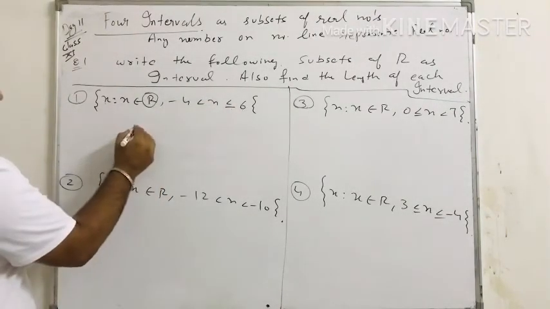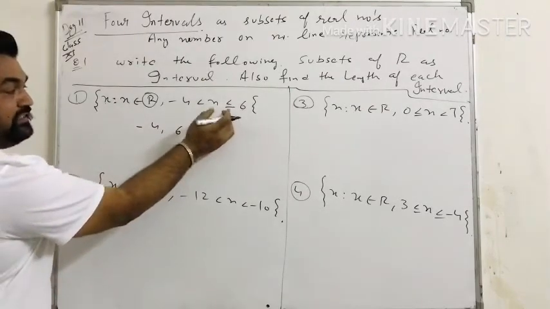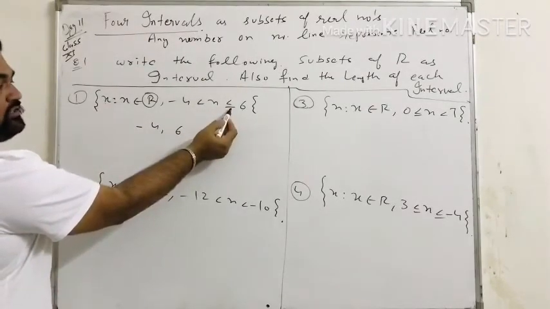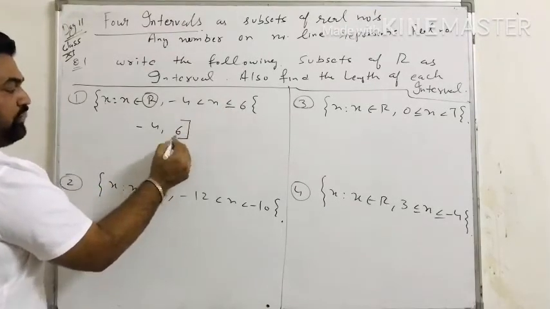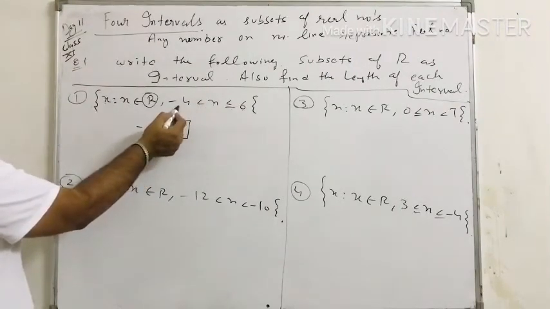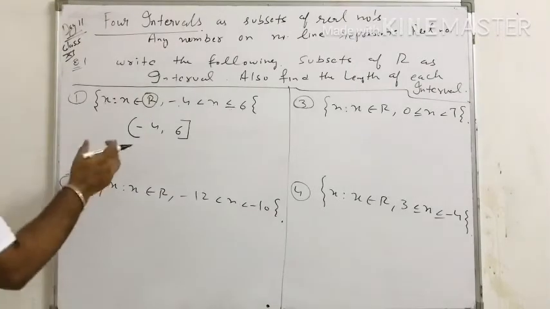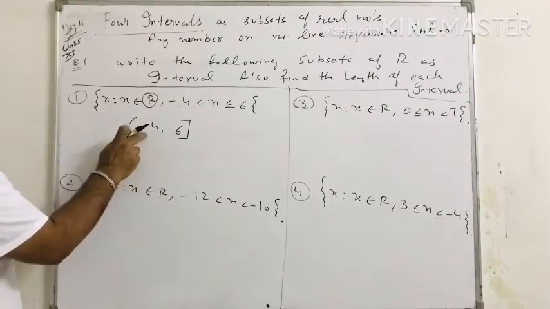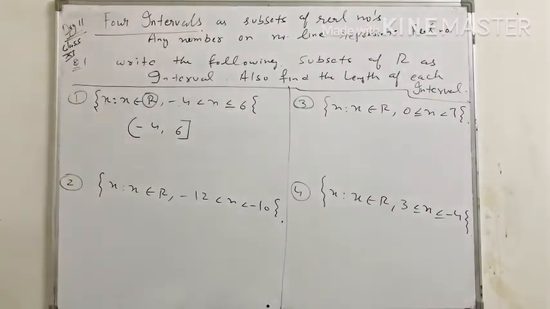So the interval is minus 4 to 6. But in this case we include 6 because the sign is less than or equal to, so we use a closed bracket. But x is greater than minus 4, so we use an open bracket. So this means we include 6 but we don't include minus 4.